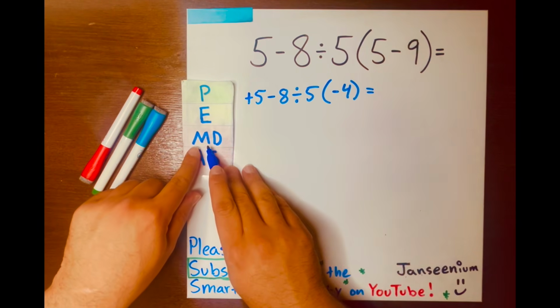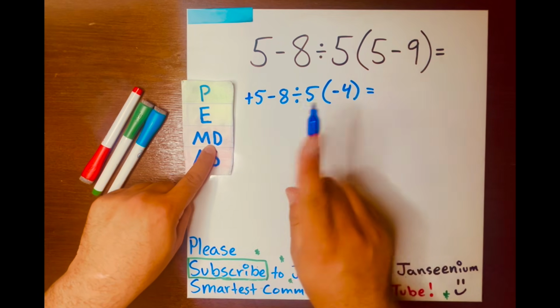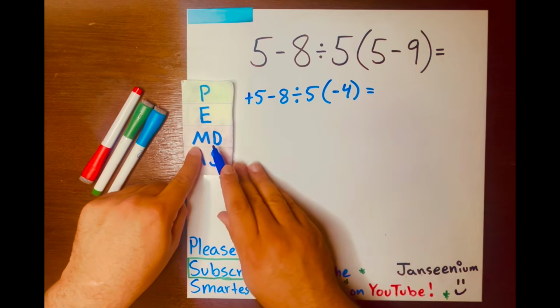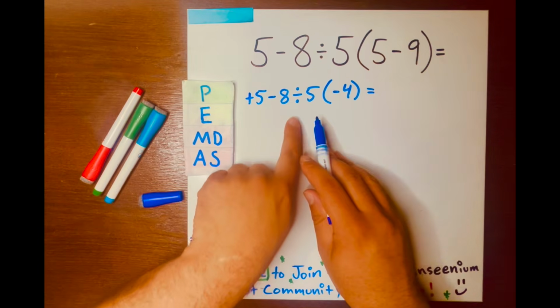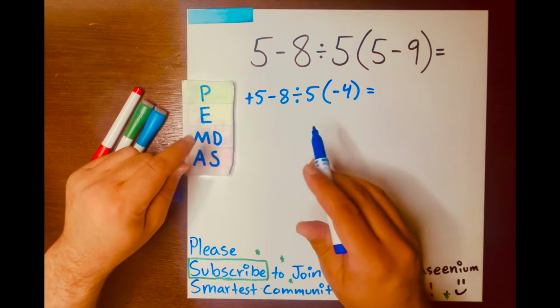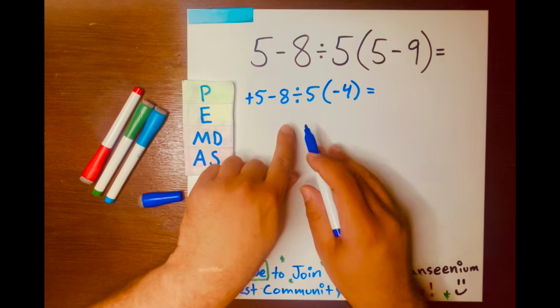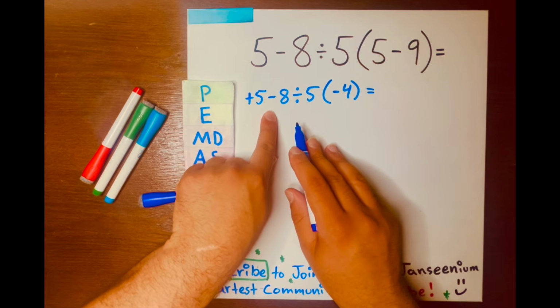And don't follow the strictness of these letters. M goes first, D goes second. No, that's a no-no. It's what's on the left. Division's on the left, multiplication's on the right, and we solve the math problem from left to right within each level. So subtraction does not go first.